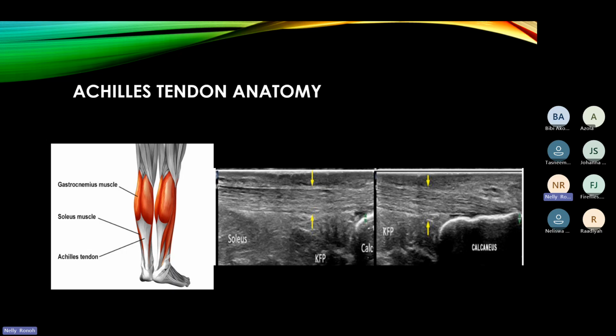All the tendons in the body have a similar pattern: parallel lines that run through it. You can see it continuing all the way until it inserts at the calcaneus. Where the yellow arrows are pointing, that is the Achilles tendon. That is how it appears on ultrasound.